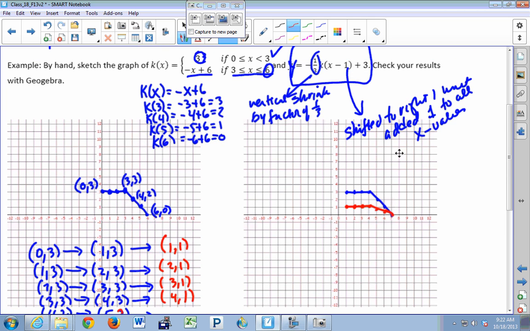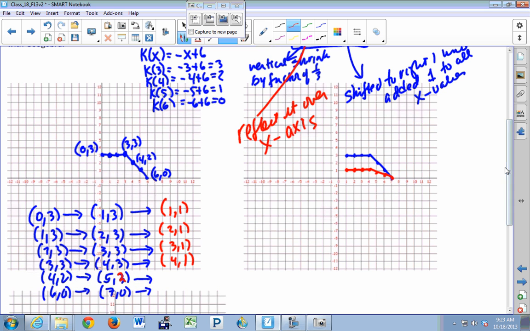All right. Now what do I have to do? I have to reflect it over my x-axis. That's the negative. So that means all of these y values are going to become negative. We've got 2/3 here and we've got (7, 0). I need another color. I'm going to reflect everything.